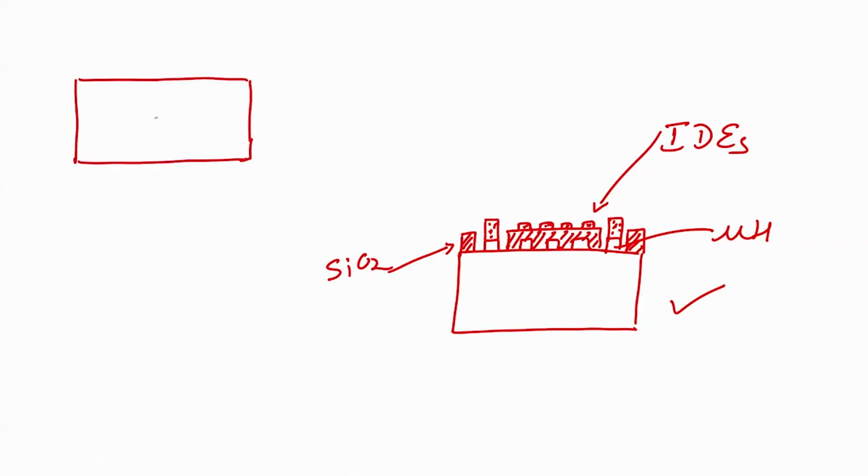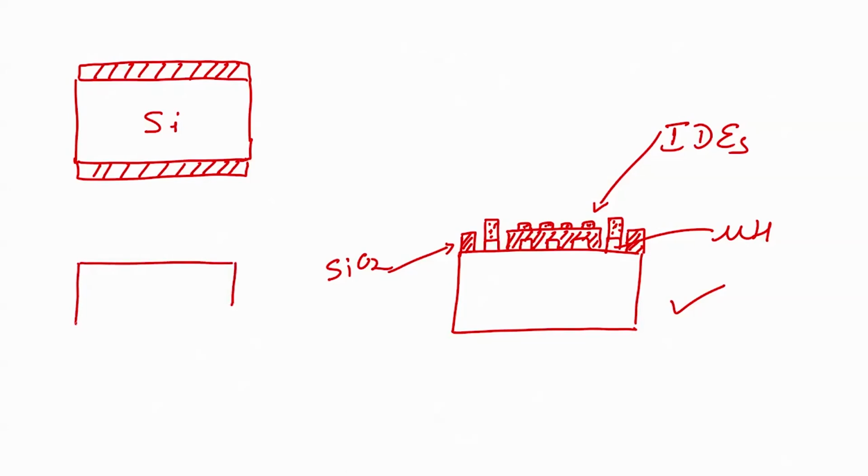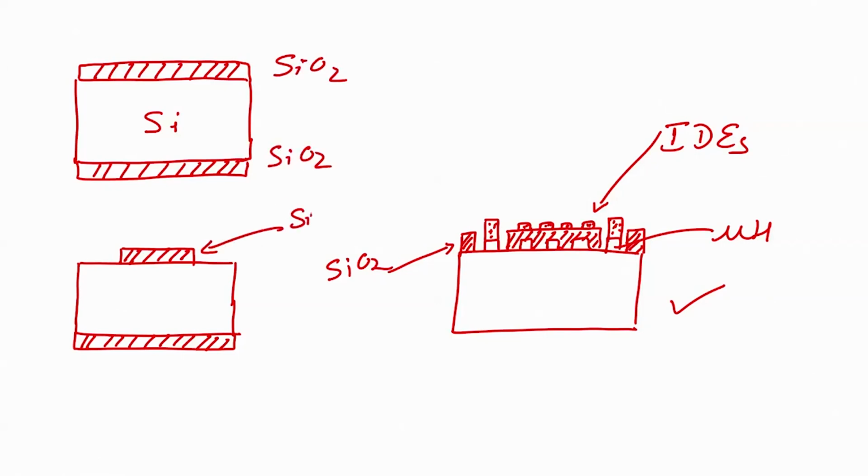I will take a silicon wafer, grow oxide, then perform photolithography so that I can etch silicon dioxide from the unwanted region, right.